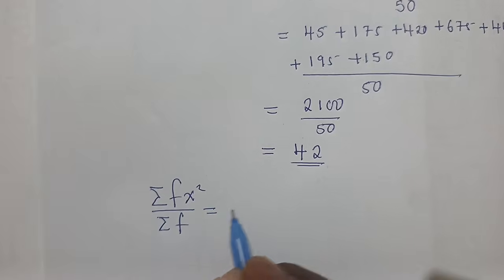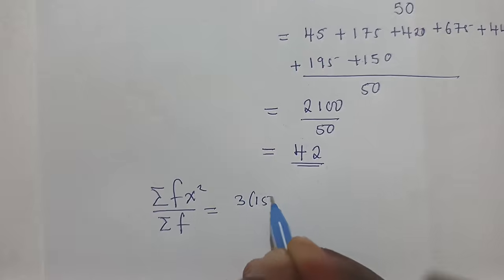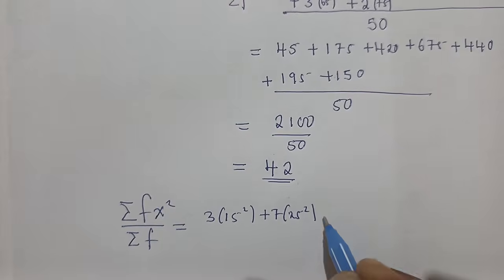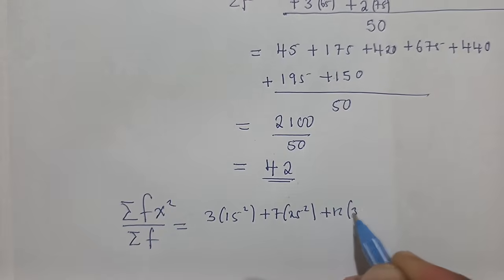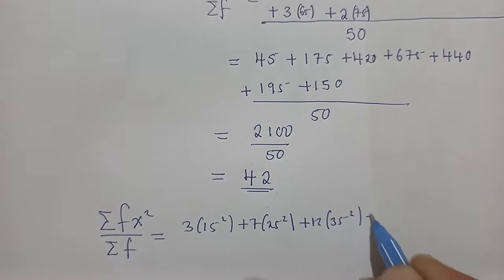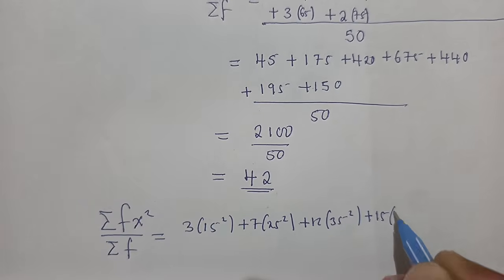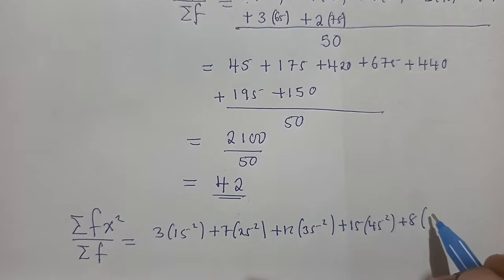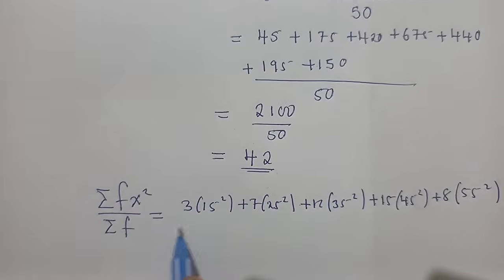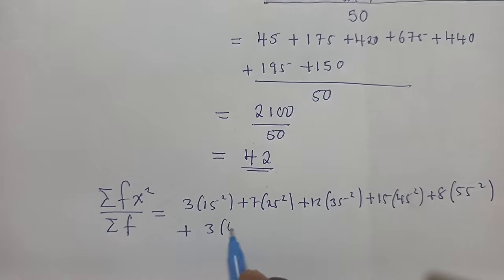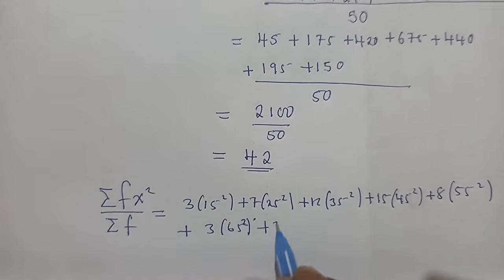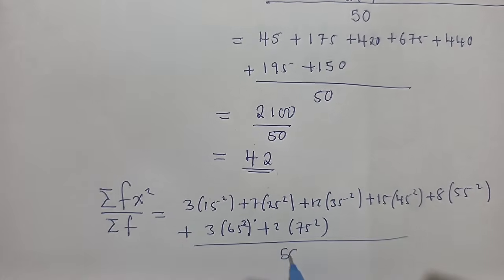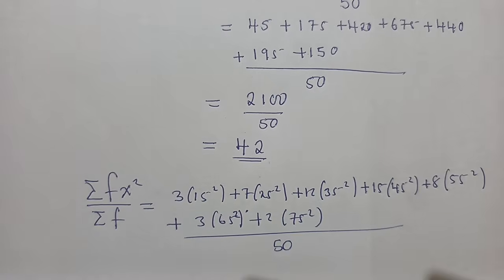So this will simply be equal to 3, and then here we put 15 squared plus 7, 25 squared plus 12, 35 squared plus 15, 45 squared plus 8, 55 squared plus 3, 65 squared plus 2, 75 squared. Everything over 50. So this is what we have.